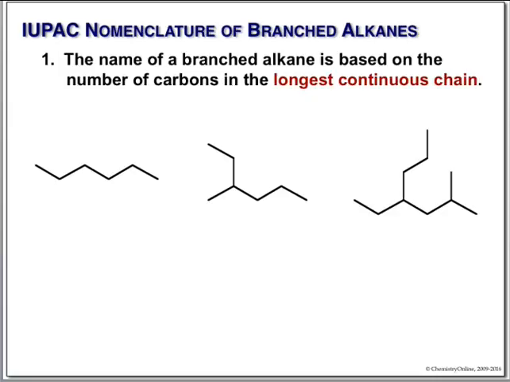First thing you do, rule number 1, you look at your compound and you find the longest continuous chain. So look at these 3, I think they're on your handout, and just identify, draw over it, the longest continuous chain.